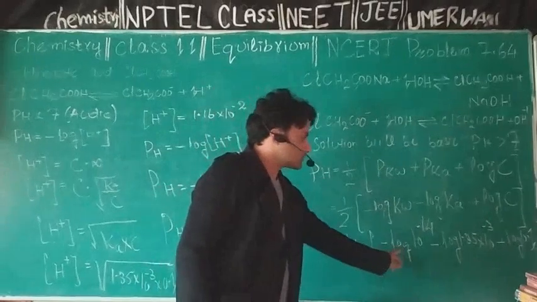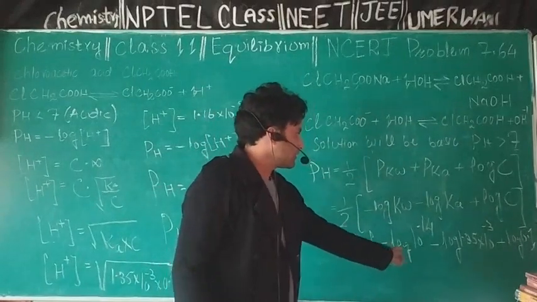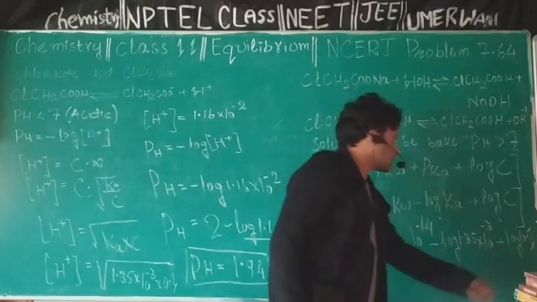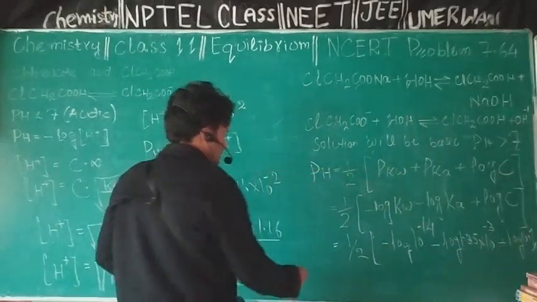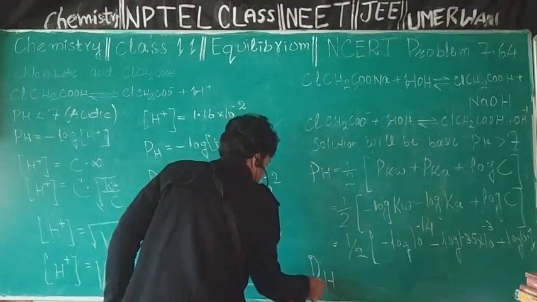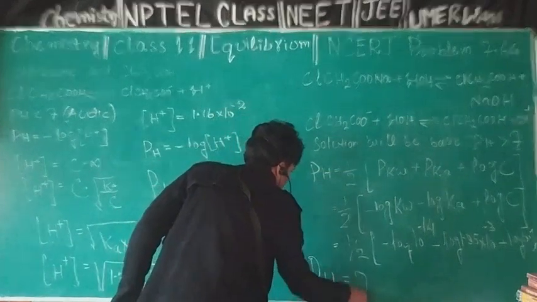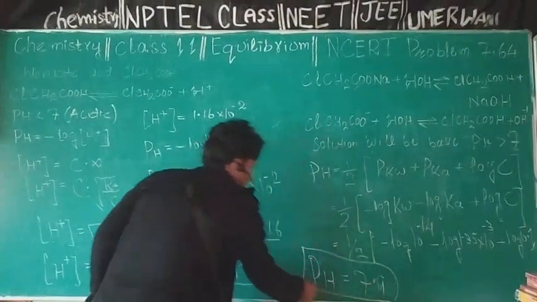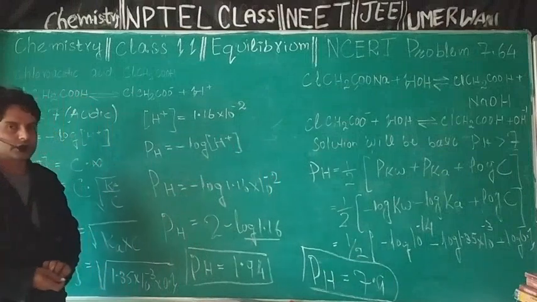The first term will be equal to 14, the second term will be equal to 3 minus log of 1.35, and the third term will be equal to minus 1. On evaluating, the pH comes out equal to 7.9.